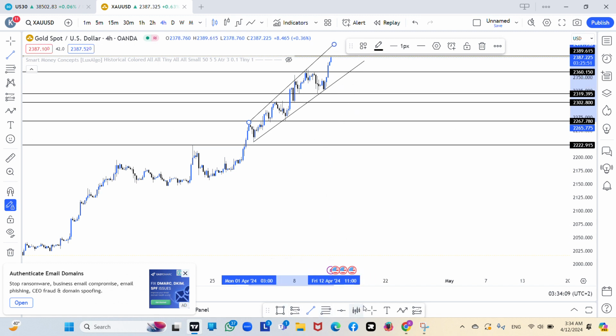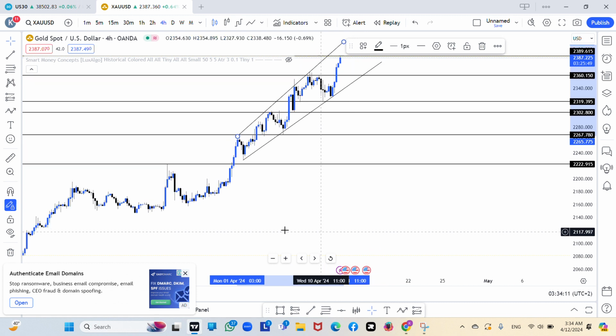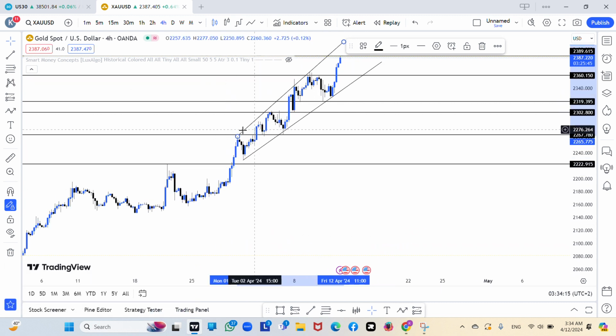Right now we've identified that we are on an uptrend, and we see that buys are strong. So we are looking more for buying opportunities, right?